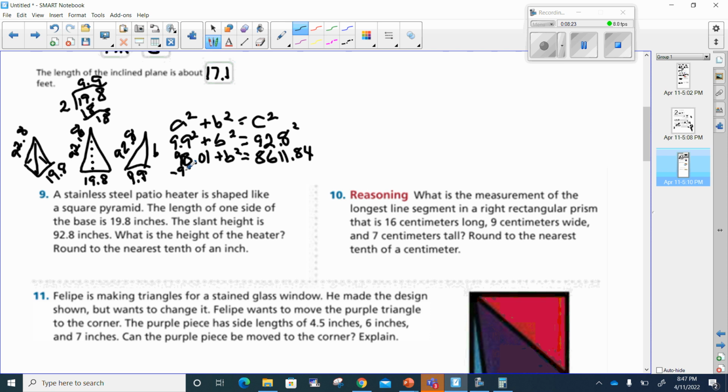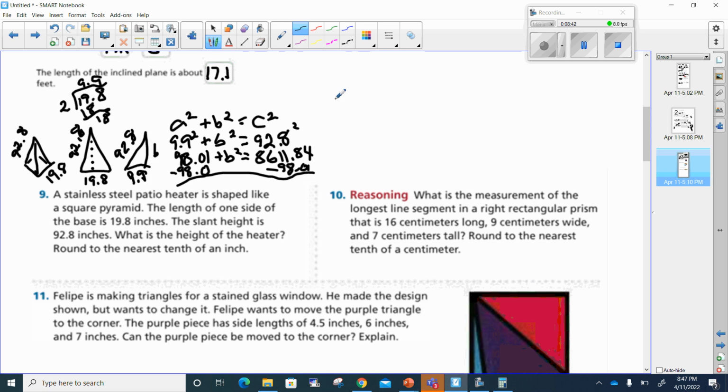Yep. So now we're going to have to subtract 98.01 from both sides, and that'll tell us what b squared is.